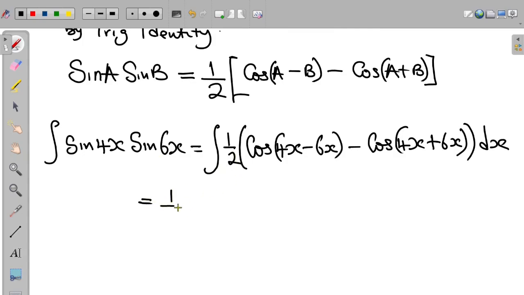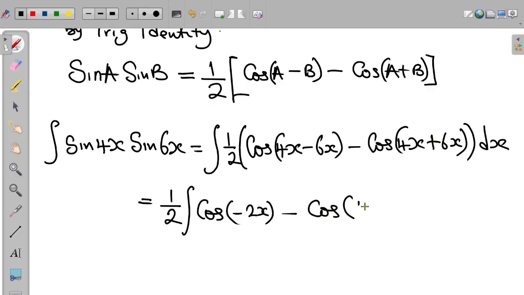So we have 1 divided by 2 integral 4x minus 6x is minus 2x. So we have cos minus 2x minus cos 4x plus 6x is 10x, all enclosed in a bracket, multiply by dx.